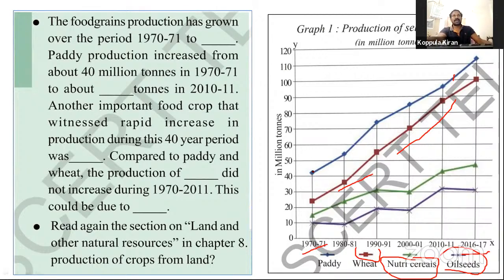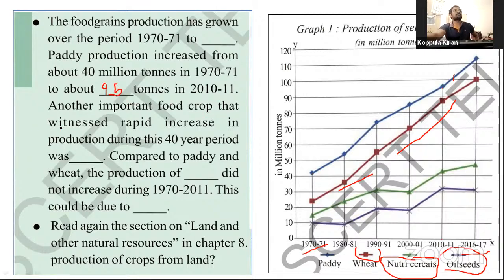See this, this is the paddy, this line, 1970-71, 40 million tons of paddy produced, to about dash tons in 2010-11. What is this 2010-11? How much, 95 or 96? 95 million tons produced. In this blank we can fill 95 million tons produced in 2010-11.